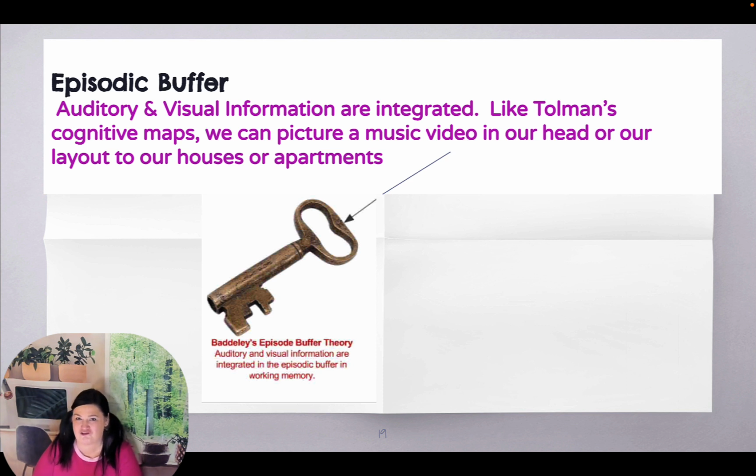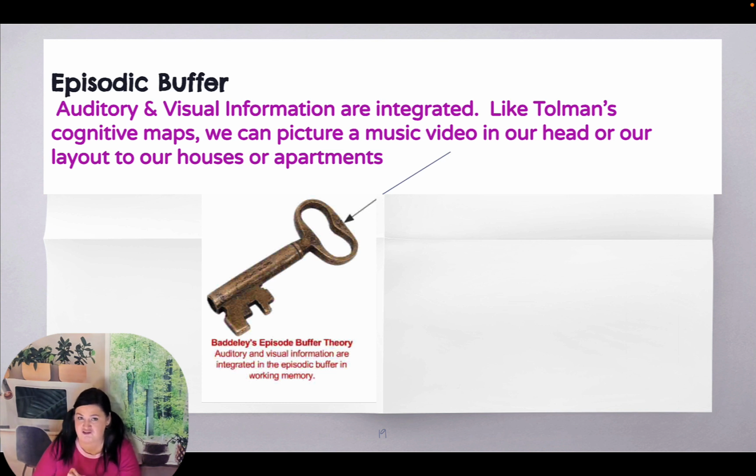Okay, so in other words, write this down too. This is a picture, say, a room layout, or think of a song or a music video, and we can see it in our head. Tolman called it our cognitive maps, right? Okay, so these episodic buffers allow us to also bring back information from our long-term memory of previous scenes and sound.